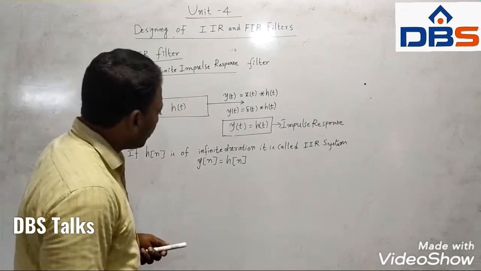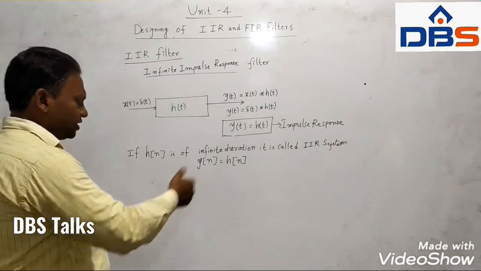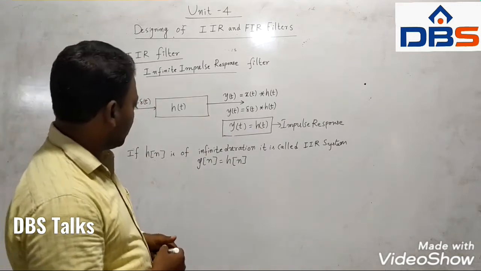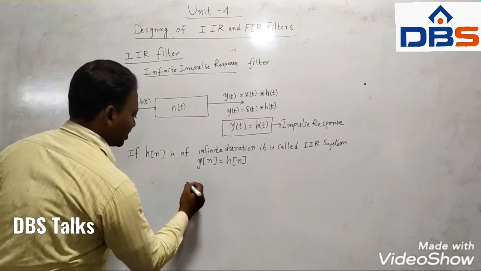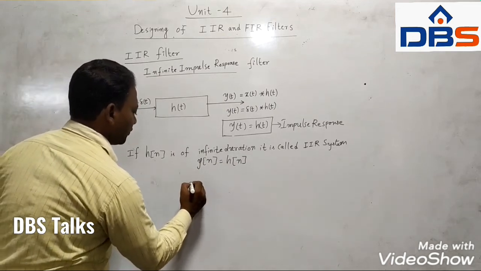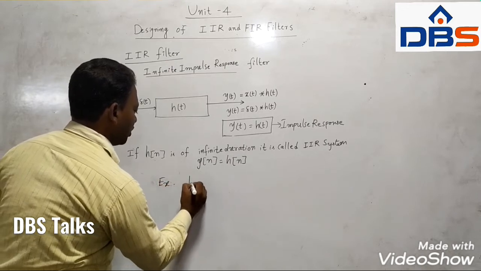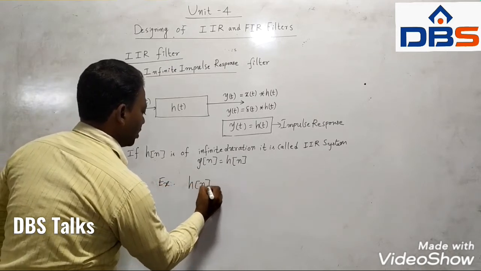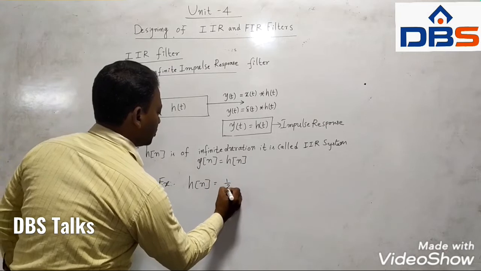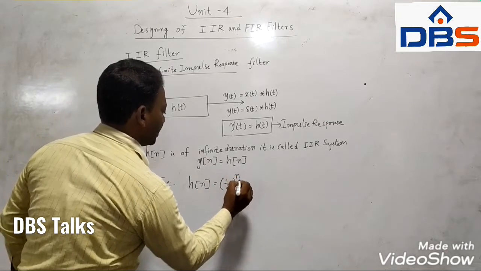Now we will see an example of an IIR impulse response. Suppose h of n is equal to 1 by 2 power n.